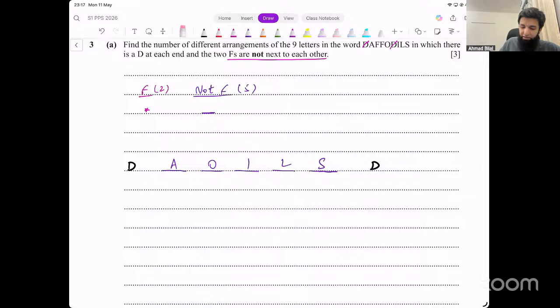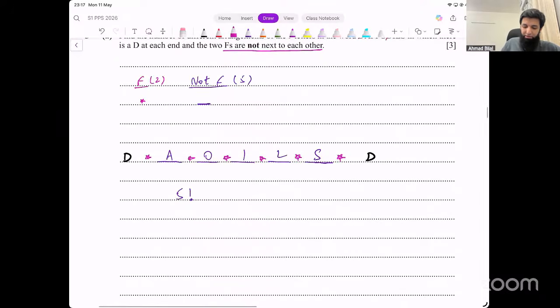In how many ways can we arrange them? 5 factorial, because they're all different. Now, those two Fs can come in these places. How many places are these? 1, 2, 3, 4, 5, 6. There are 6 places, and we need to place 2 Fs in them. We could say 6P2 to arrange 2 Fs in those places.